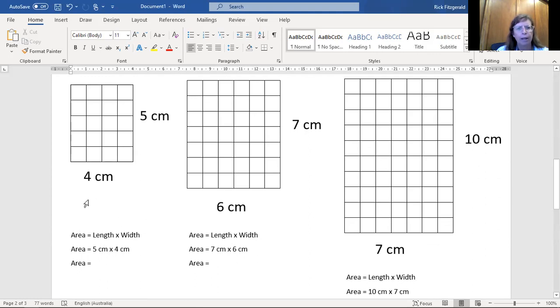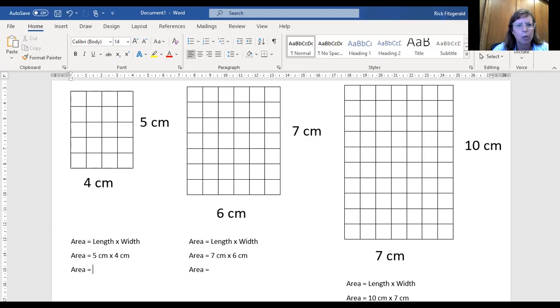Our length is 5 centimetres and our width is 4 centimetres. So to write that down here, we would say our answer is 5 centimetres times 4 centimetres equals 20 centimetres.